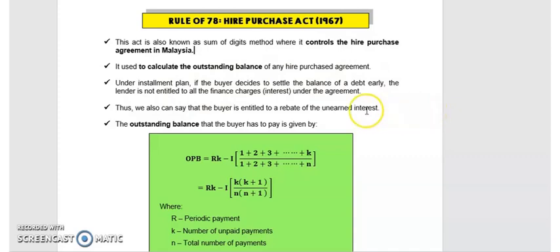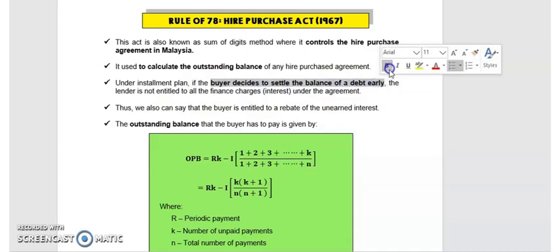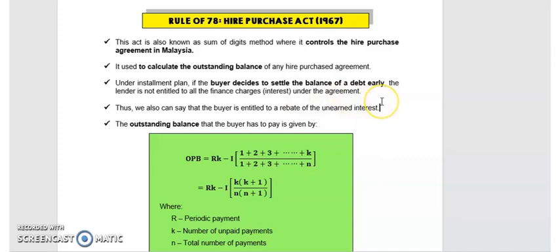Under an installment plan, if the buyer decides to settle the balance of a debt early, the lender is not entitled to all the finance charges, which is the interest under the agreement. Recall when we buy products using an installment plan because we don't have enough cash, we still can get the product, where the seller will charge us an interest.